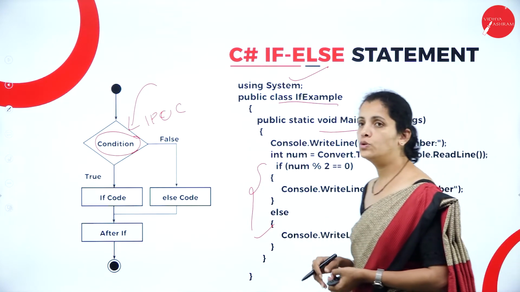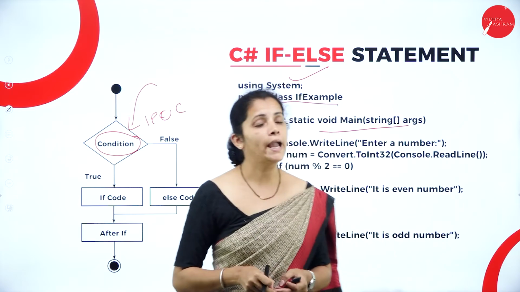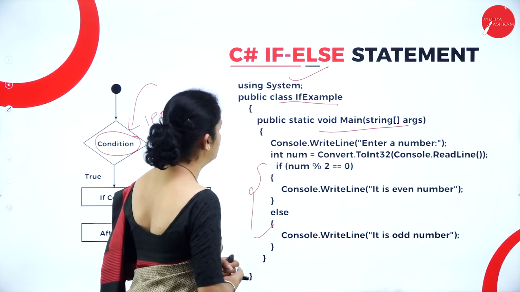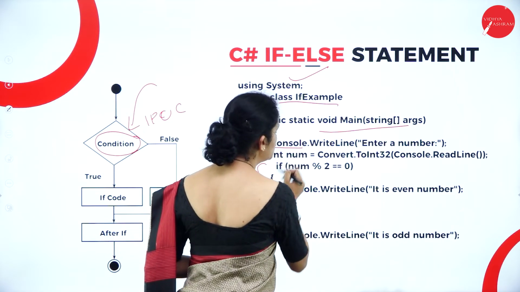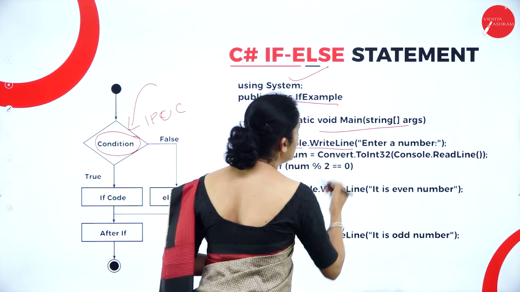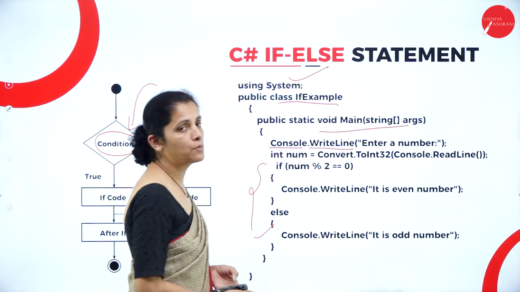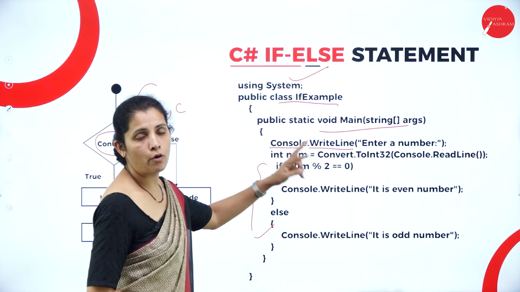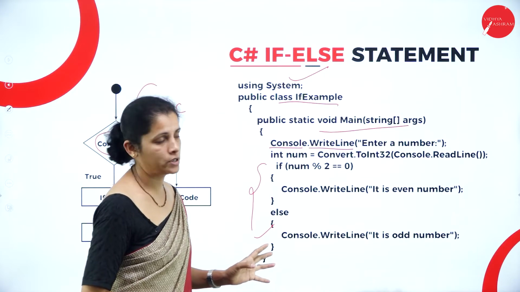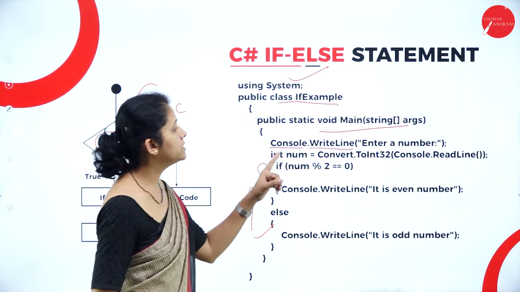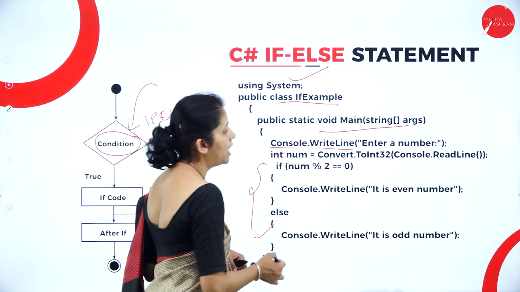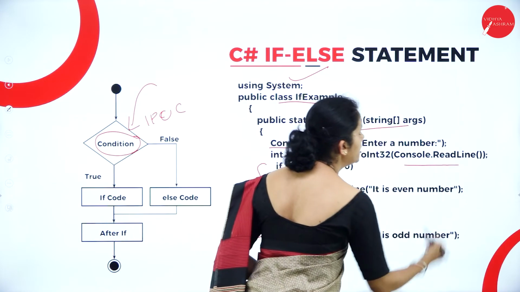Now what I'm going to do is read the input. So I have Console and I'm going to read the input. That means first I'm going to display a message to the user that they want to enter some input. Now, see here, I'm going to read the input.